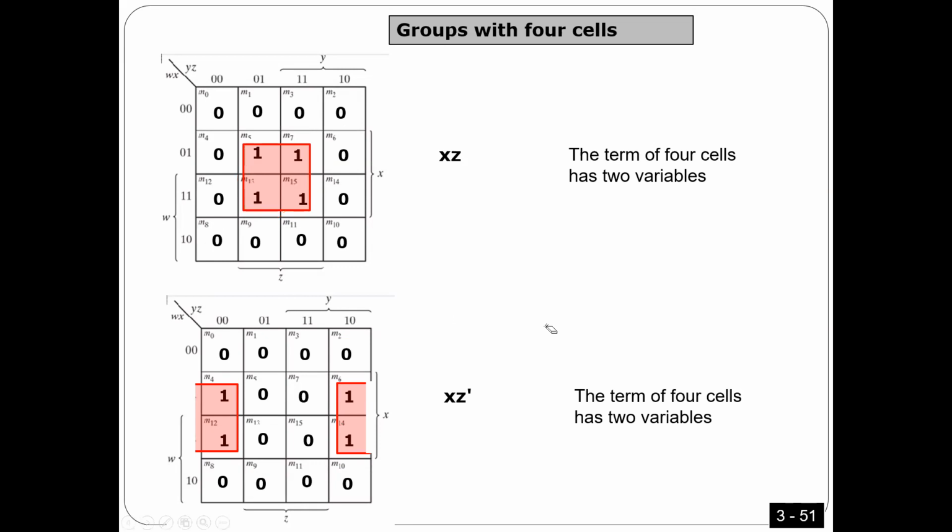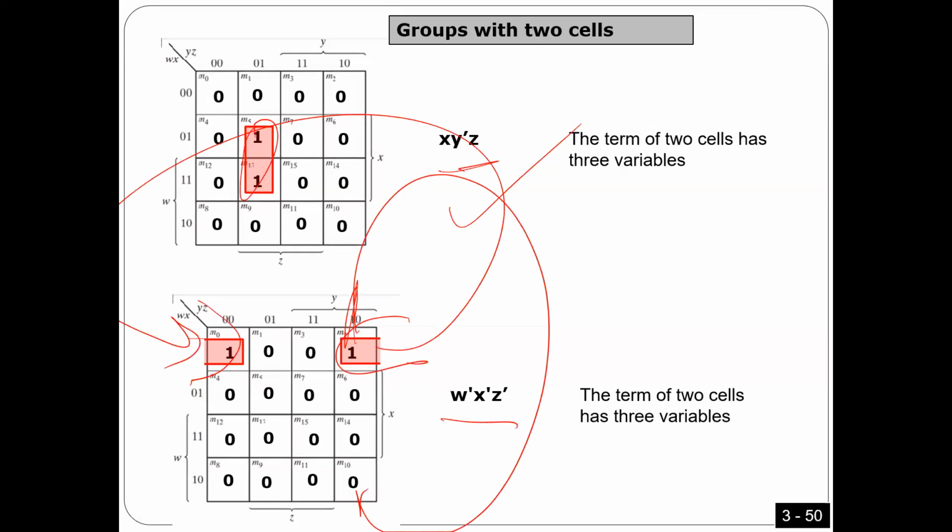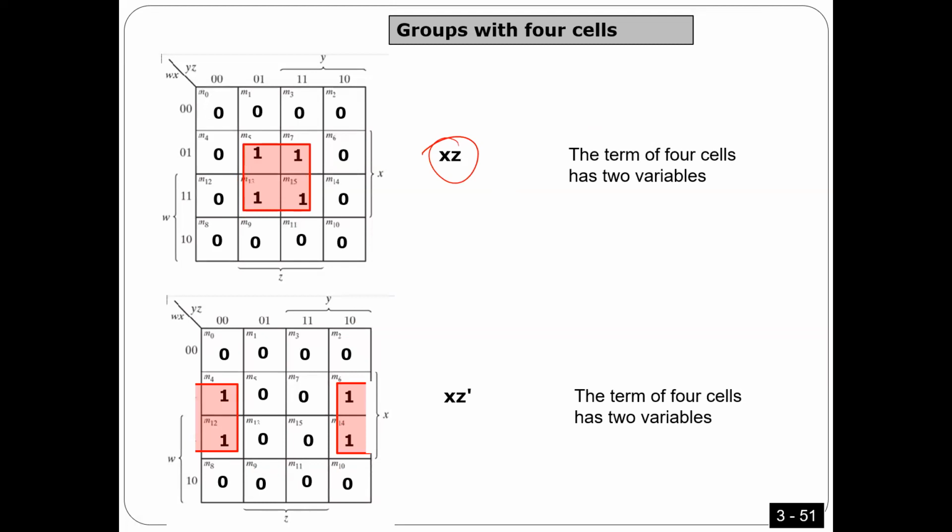In case you can make groups of 4, in this case you can reduce one more term. Instead of 3, I can make two variables. That means you need to eliminate 2 variables. So how can you make a group of 4? As you see here, they can be 4 this way. I'm going to show you different ways for a group of 4.